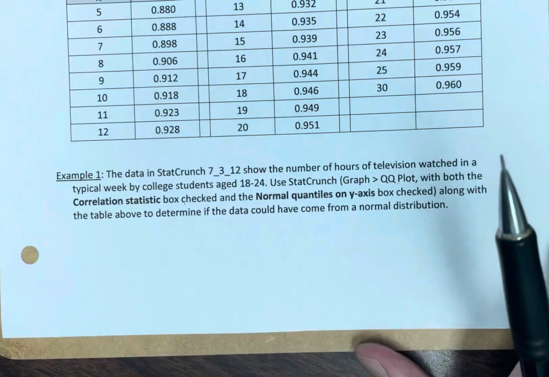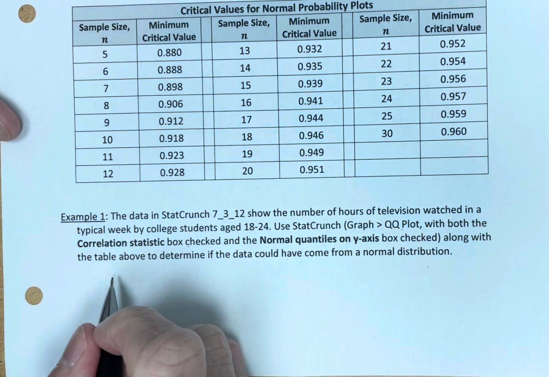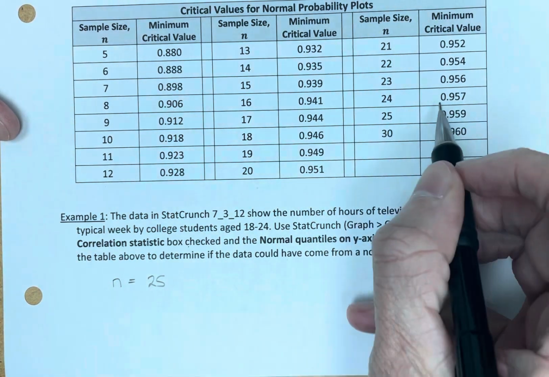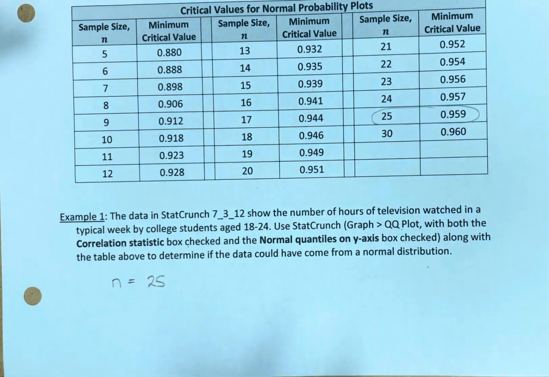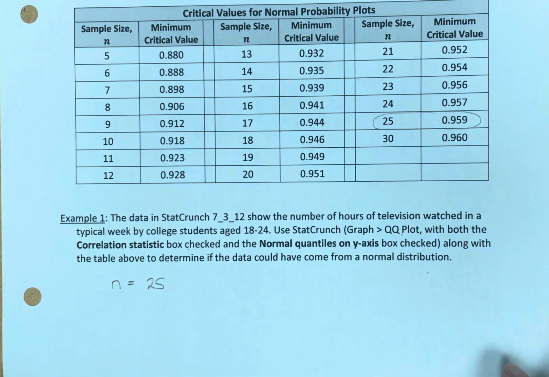Okay, so let's keep our table here. We know that we have a sample size of 25. Over here, there's our 25 minimum critical value. It needs to be at least 0.959.